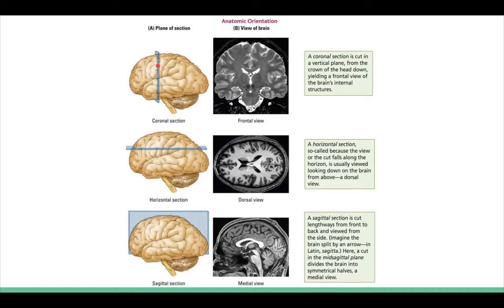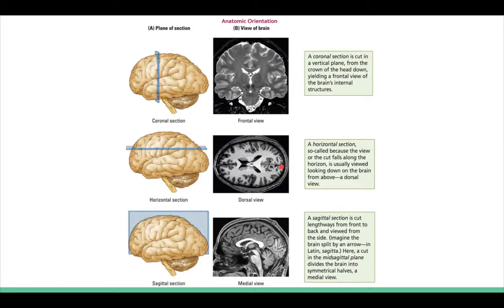And what we notice when we take these slices through the brain is that we begin to see the organization and the structure of the interior of the brain, and we even get to appreciate the degree to which the cerebral cortex on the outside is so deeply folded and complex.